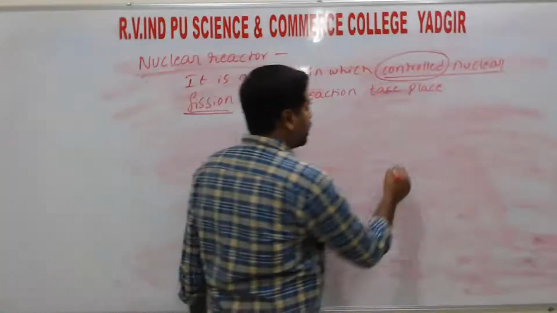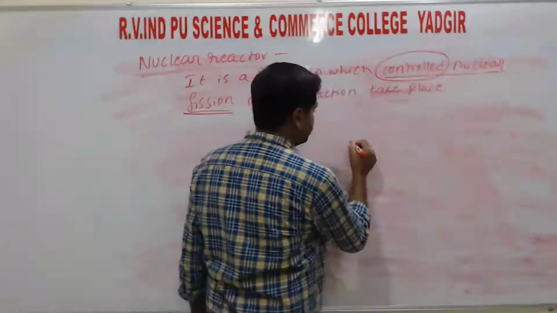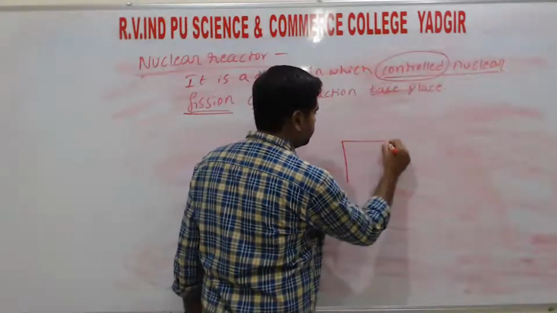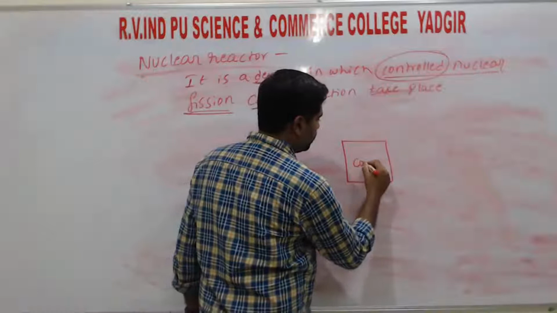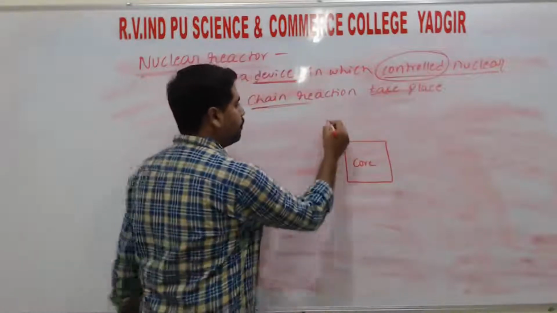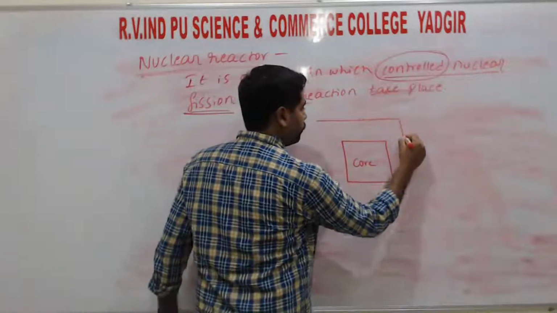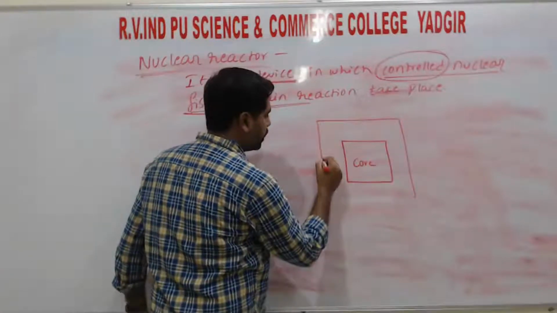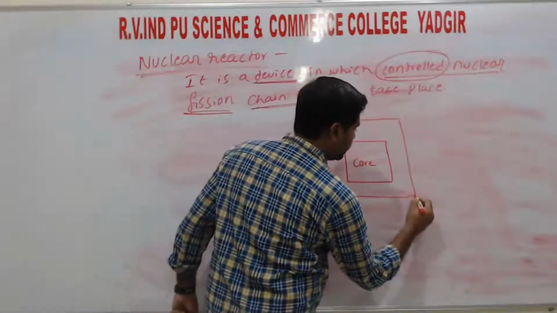If you write the block diagram of the nuclear reactor, this one is the core. This core is surrounded by the reflector.